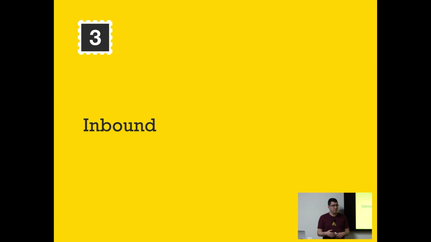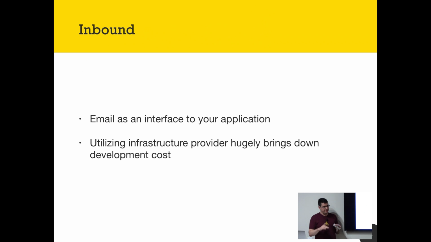Next is inbound. You can kind of think of inbound as an email interface to your application. We do a lot of the heavy lifting in order to accept emails, parse them, break them apart, and give it to you in nice and easy JSON to deal with.